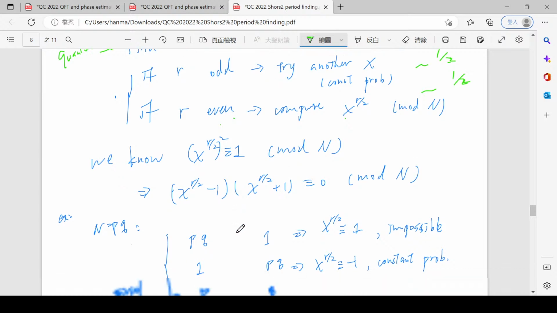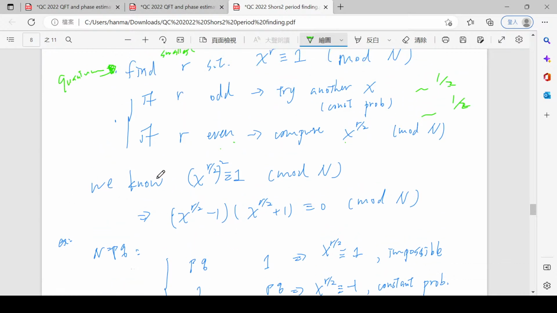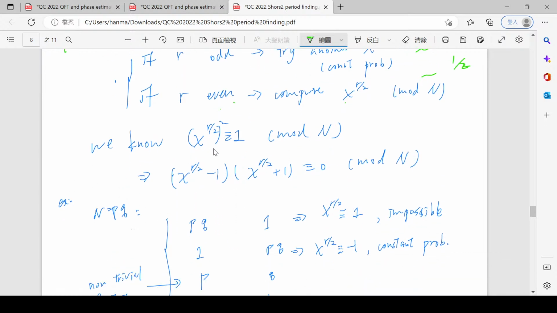And so the more interesting part is now we have this x to the r over 2, and we know x to the r over 2 squared equals 1 mod N, just because that's x to the r. And then we can move things around and do this middle school factorization, right?